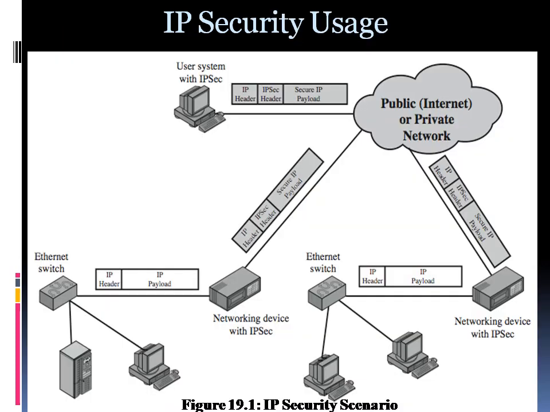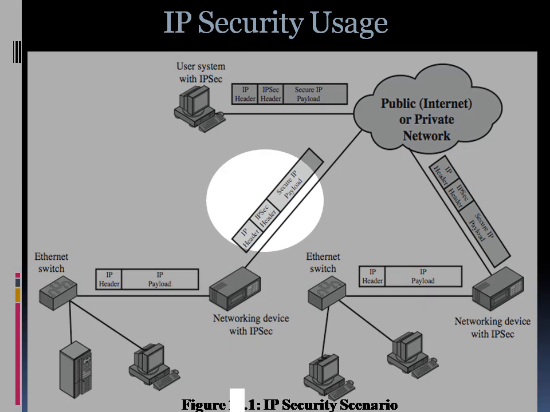Coming to the IP security scenario, as you can see in this figure, the LANs are distributed over the network, and at the Ethernet switch, the packets travel without any security, and then there is a networking device having IPsec. What this IPsec networking device does is it typically encrypts and compresses all traffic going into the WAN and decrypts and decompresses traffic coming from the WAN.